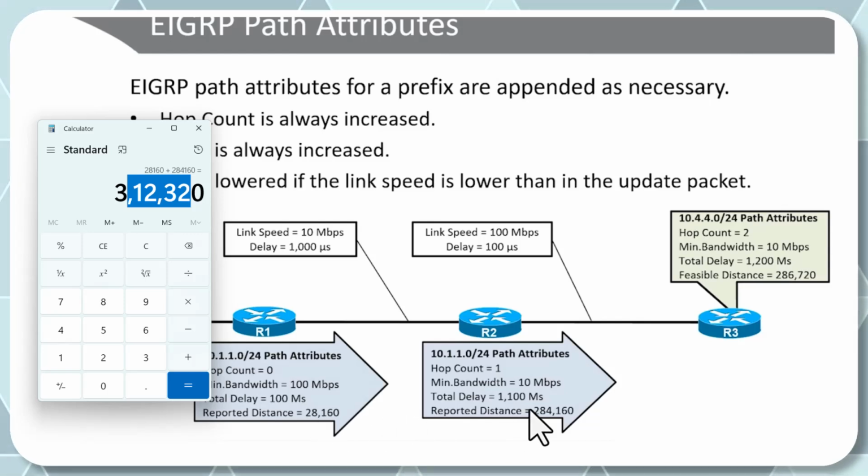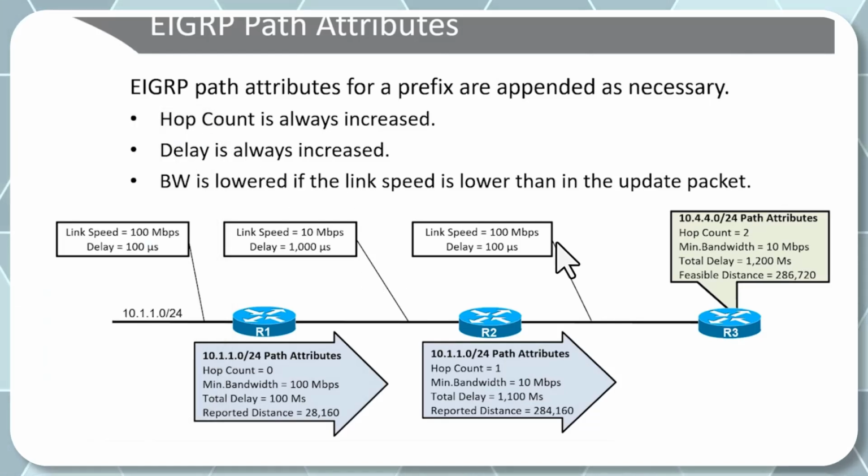You have to apply the formula. Which formula do you need to apply? You have these values, hop count, this, and now apply the formula, then you will get the feasible distance. Initially people think that we have added this and this. No, we have not added this and this. We have done a simple calculation with the help of the formula.